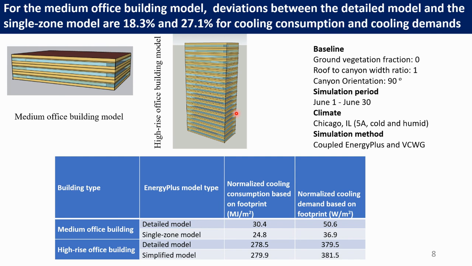This is mainly due to the simplification of the building energy model itself, from a multi-zone model for the medium-sized office building, 3-story in this case, to the single-zone model. For the high-rise office building, you can see the result from the table here. Actually, the simplification is not too bad. The simplified model result is very close to the detailed modeling result, which shows this simplification is very reasonable.